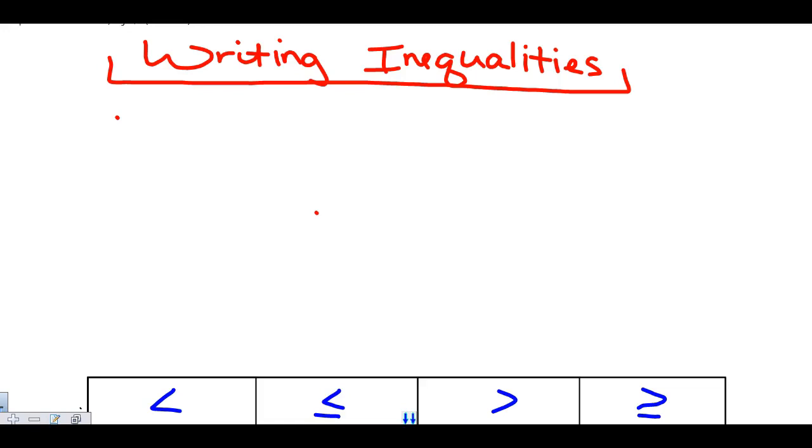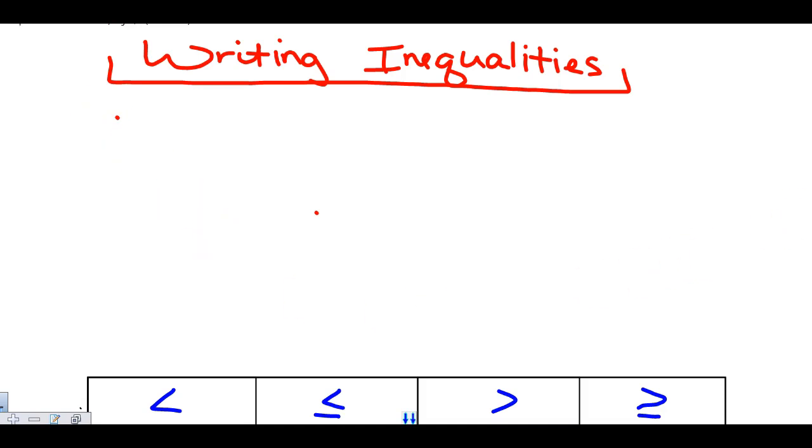Hello, ladies and gentlemen. Today we're going to be learning how to write inequalities given verbal statements. The good news here is that writing inequalities has the same basic concept as writing a normal algebraic expression or an algebraic equation. Okay?